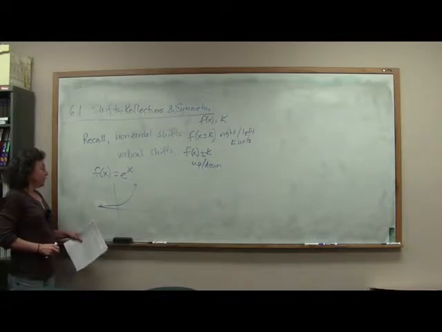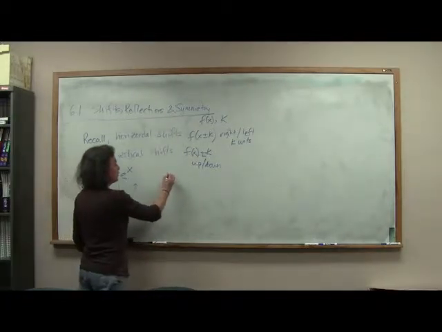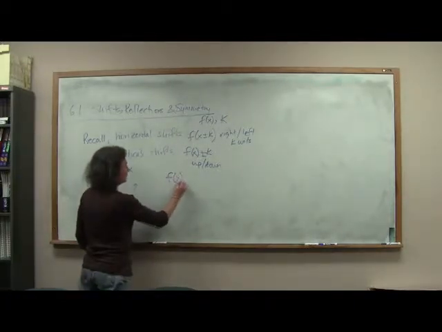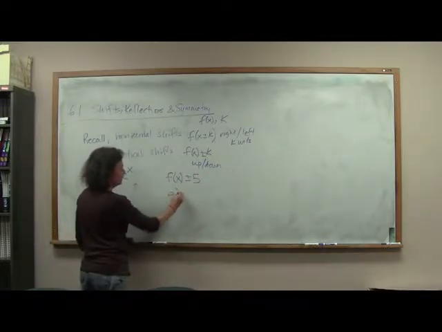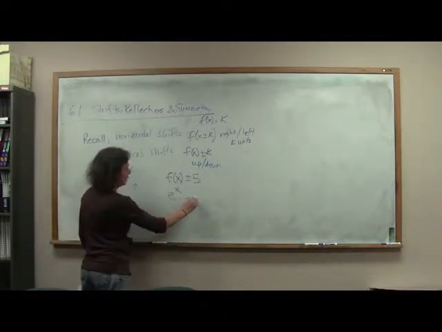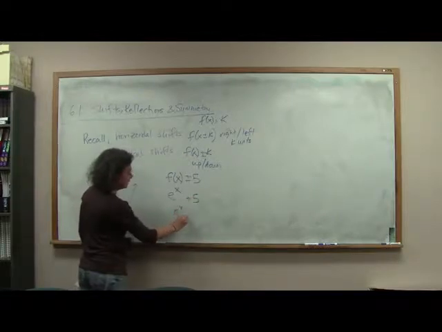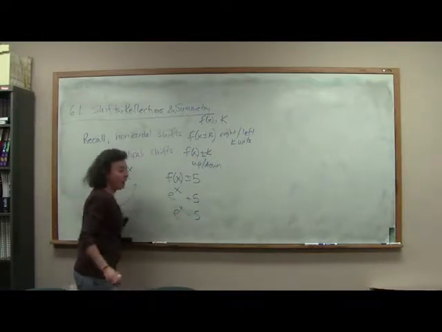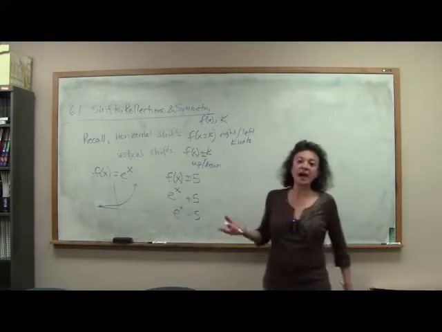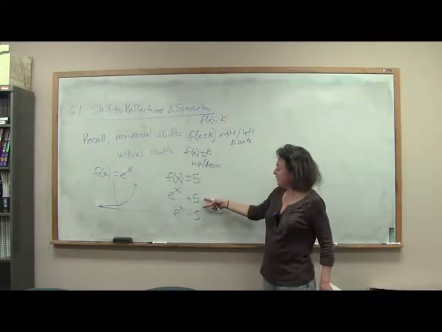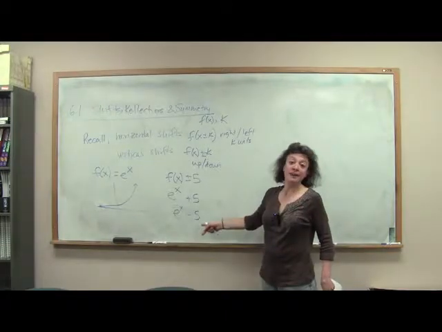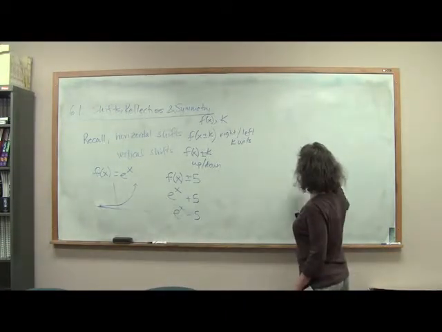Now, recall we can look at what f of x plus or minus 5, say, looks like. So e to the x plus 5 or e to the x minus 5? And remember, when you add or subtract outside of your function, this is your vertical shifts. So it either moves it up 5 units or down 5 units.